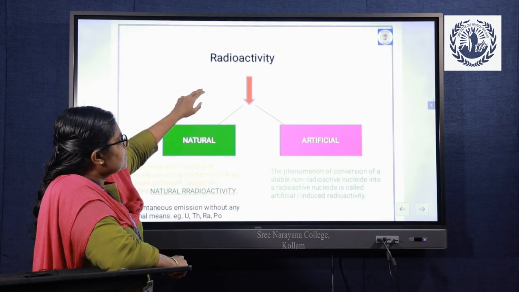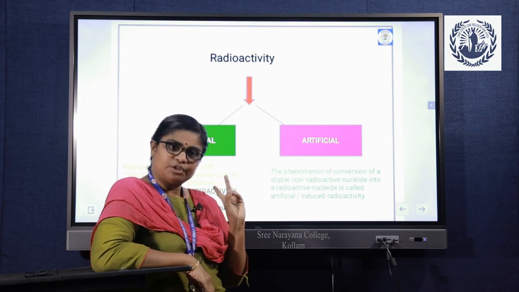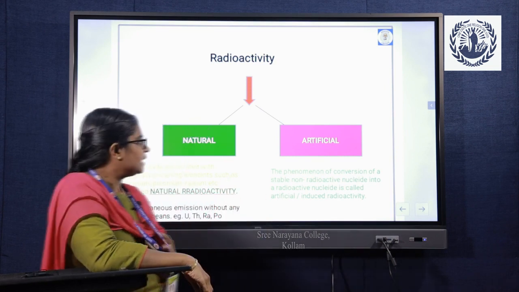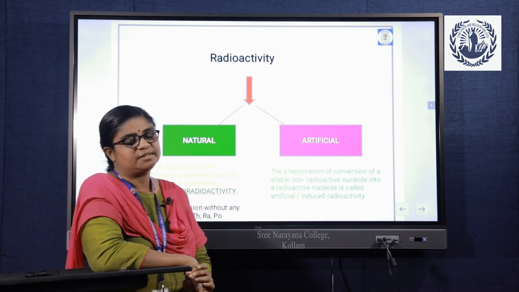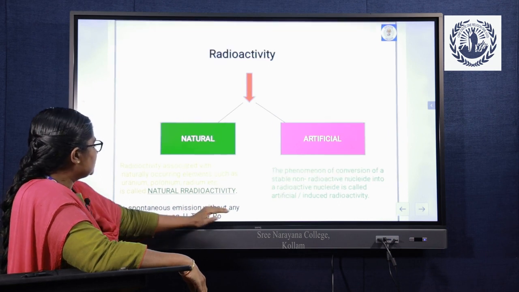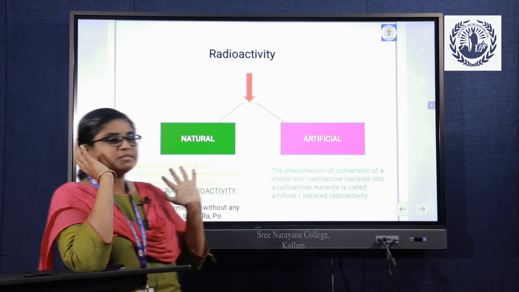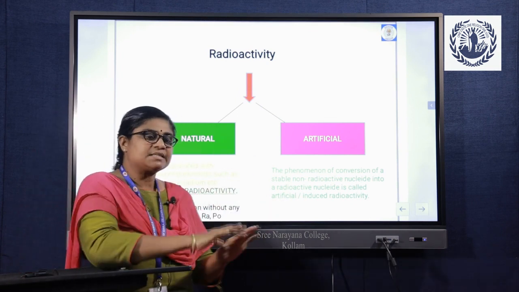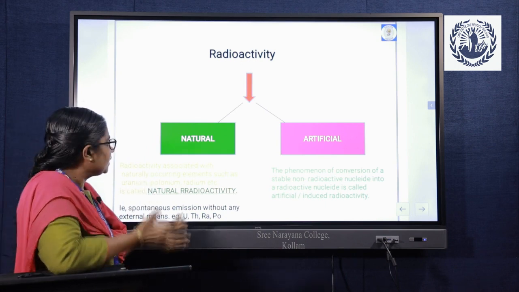Now coming to the classification of radioactivity. Radioactivity is generally classified into two types. We have already discussed that: natural radioactivity and artificial radioactivity. Natural radioactivity means spontaneous emission without any external means, without using any external forces. It is already naturally radioactive.